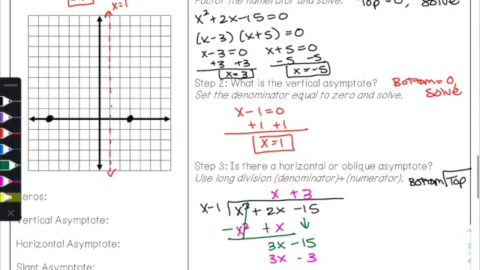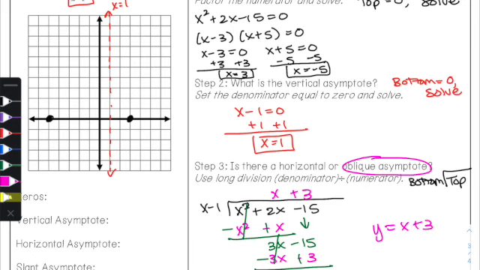From here, I can go ahead and subtract. These cancel, and I get -12. So I can ignore my remainder. This tells me that I am going to have an oblique asymptote at y equals x plus 3.